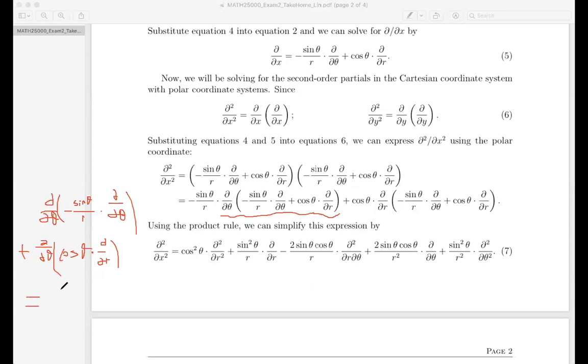So it equals, when you take the partial theta of this times partial over partial theta, plus minus sine theta over r times, when you have partial over partial theta applied to partial over partial theta, it becomes partial squared over partial theta squared.